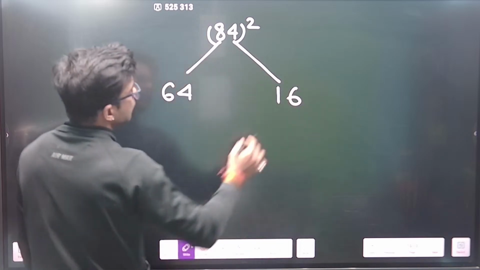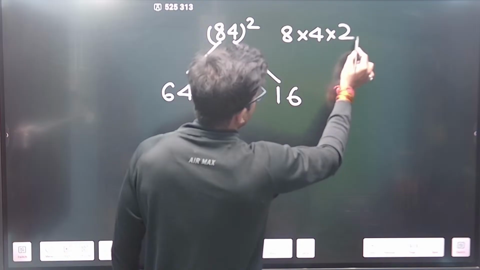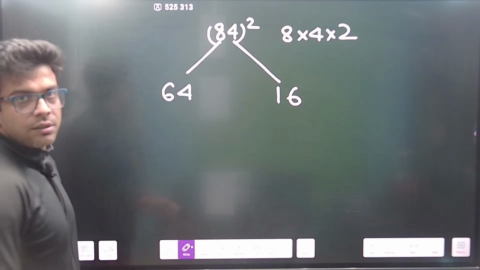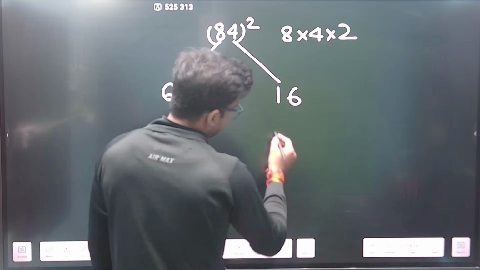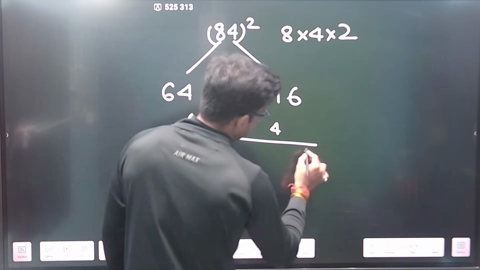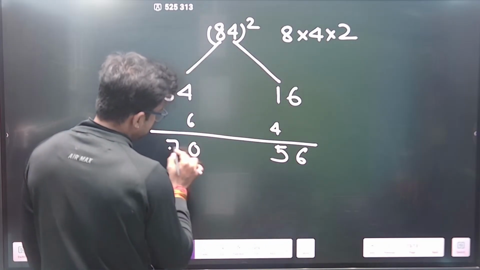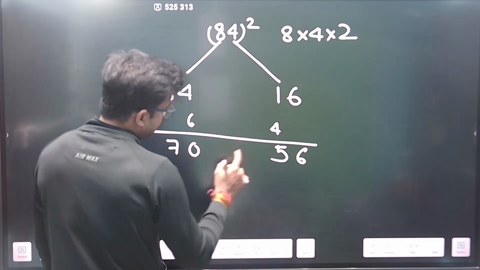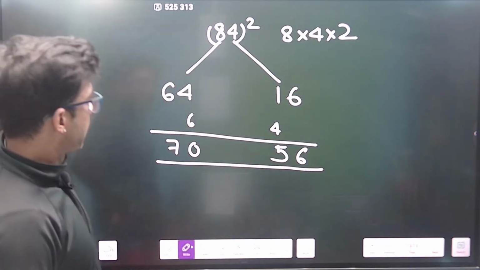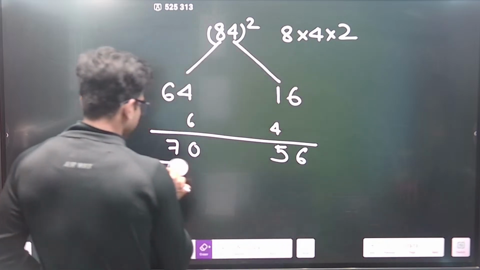Now here 8 into 4 into 2. 8 fours are 32, 64. 64 it is. Write down, leaving this space out, 4 here, 6 here. Add. You'll get 6, 5, 10, 7. So basically your answer is 7056. Clear?